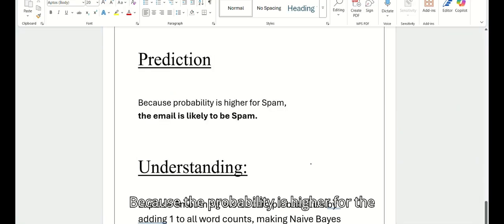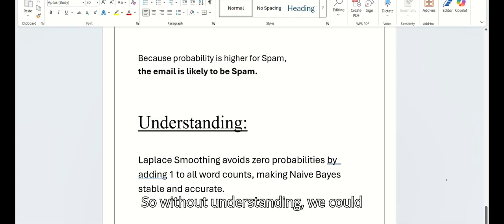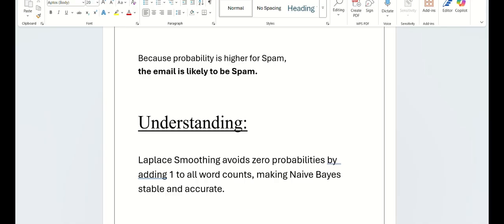Because the probability is higher for spam, the email is likely to be spam. So with our understanding, we can derive that Laplace smoothing avoids zero probabilities by adding 1 to all word counts, making Naive Bayes a stable and accurate method.